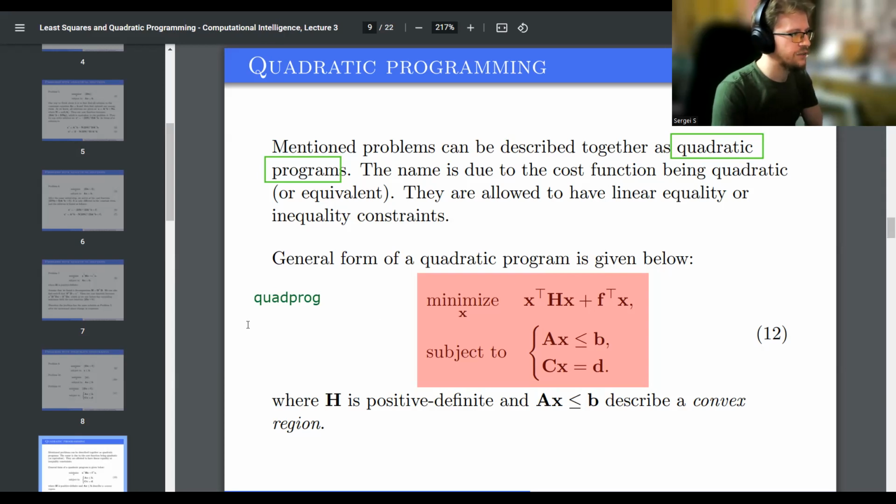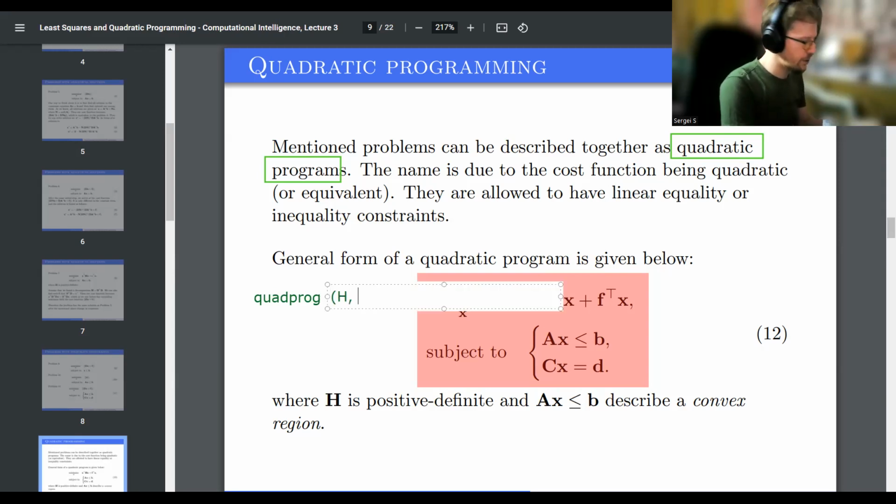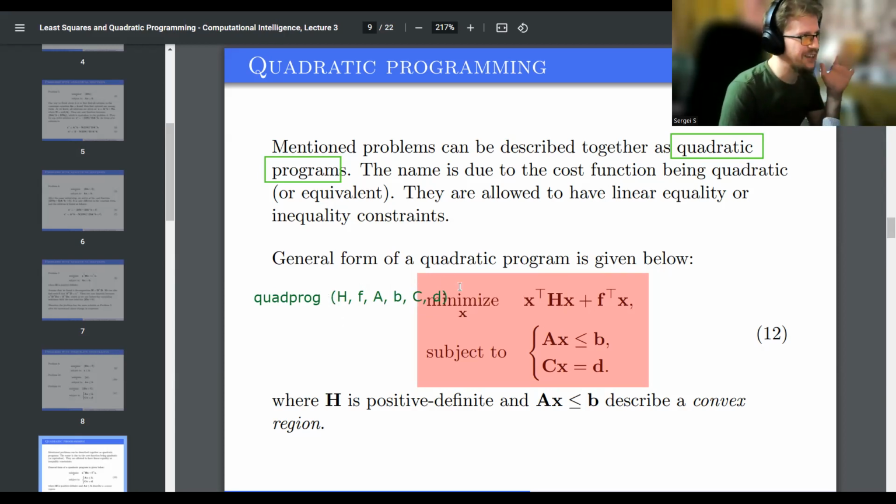You would call it with the variables H, F, A, B, C, D. I'm still oversimplifying a little bit because quadprog would sometimes assume that you have 1/2 in front of this variable. Which comes first depends on the implementation. It would sometimes have lower and upper bounds, etc.